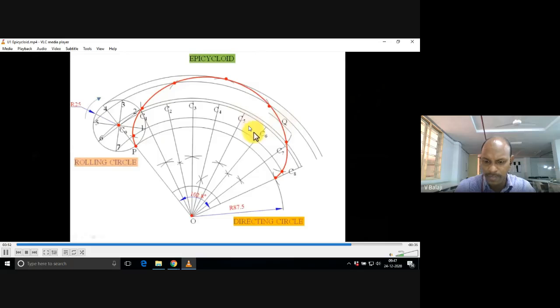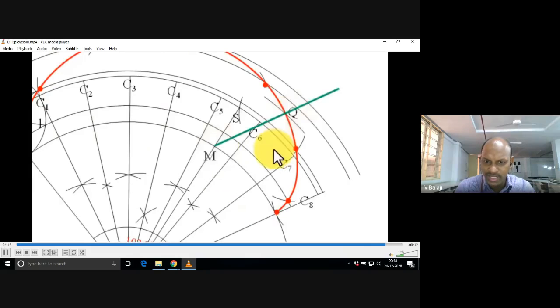Now on the center arc, you will find one more intersection point S. After cutting with 25 mm radius, join that point to the directing circle center O. So SO is the line you will get, and it passes through the circular path PP arc. Somewhere here you note down that point as M.